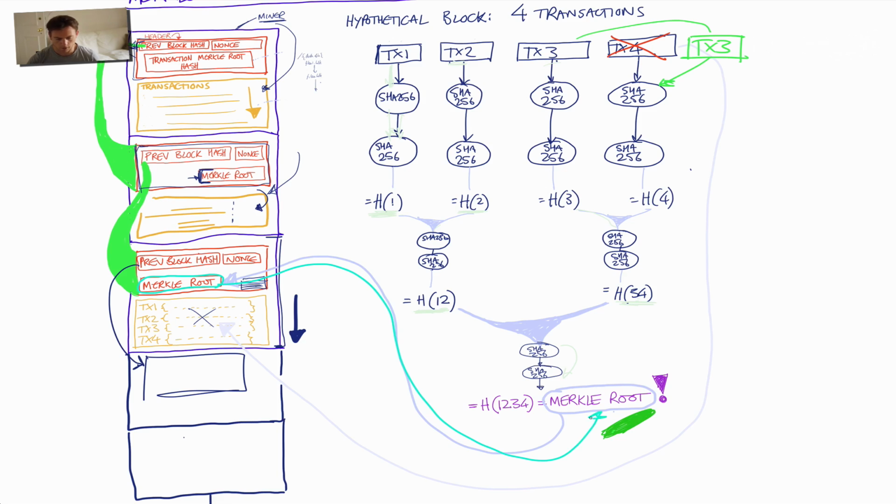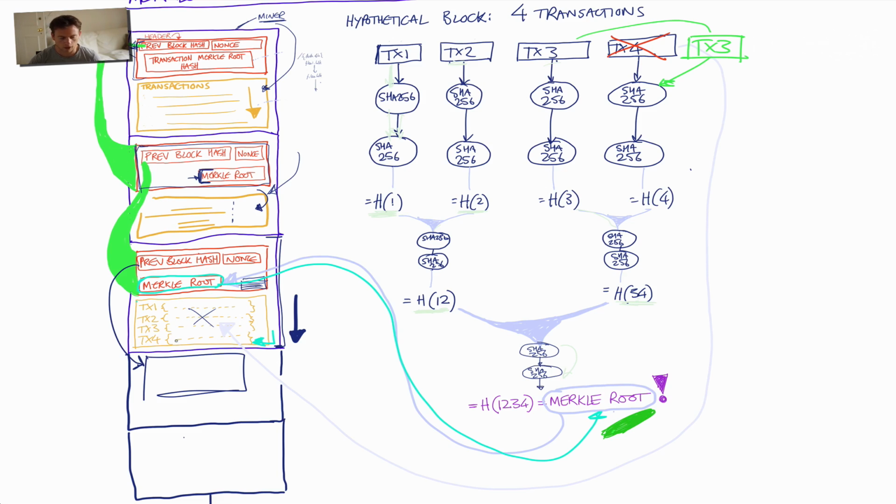So is it clear that if I go and try to add a new transaction to this list, and somebody comes and validates this block, basically by looking at the transaction list in the block, and then looking at the Merkle root value, these two are no longer going to add up?